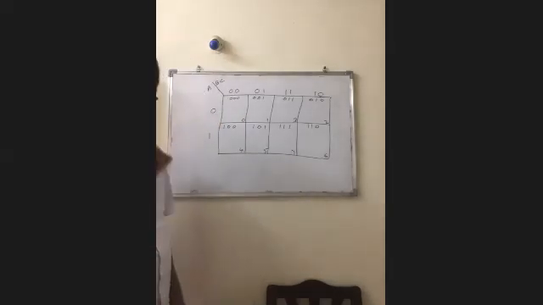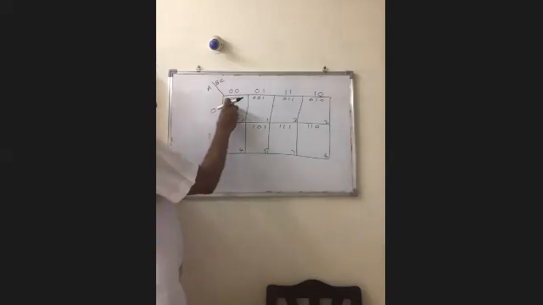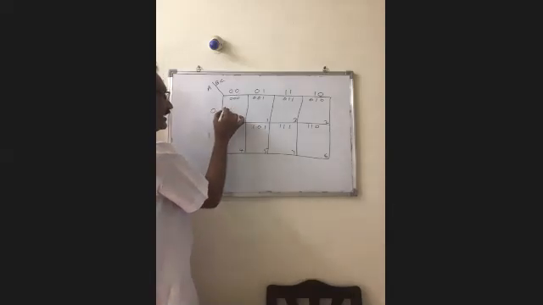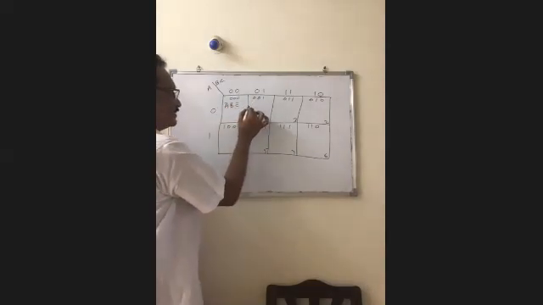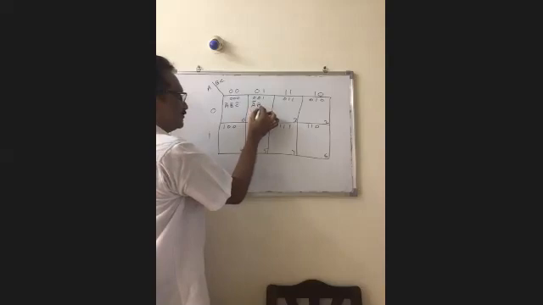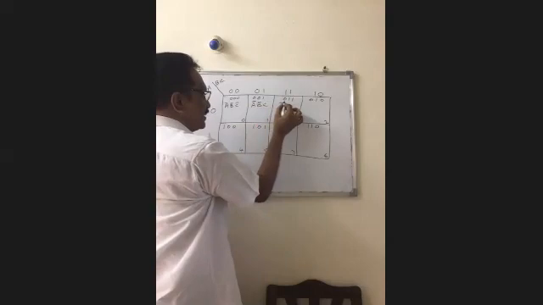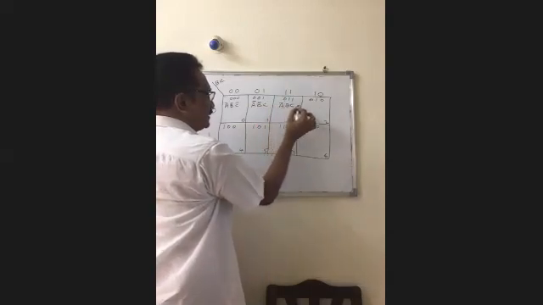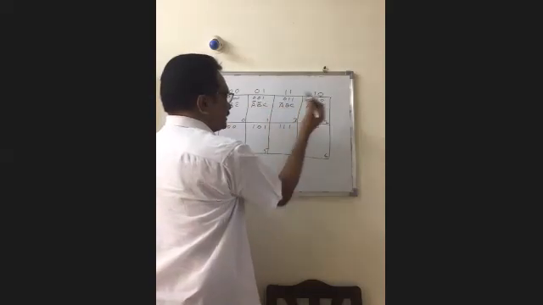The corresponding min term for this square, if the inputs are 0 0 0, can be written as A bar, B bar, C bar. For this one, A bar, B bar, C. For this one, A bar, B, C. For this one, A bar, B, C bar.